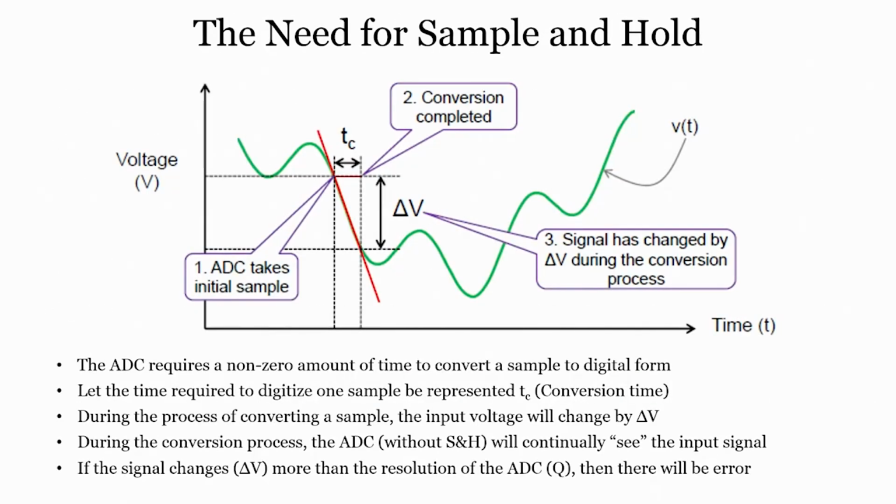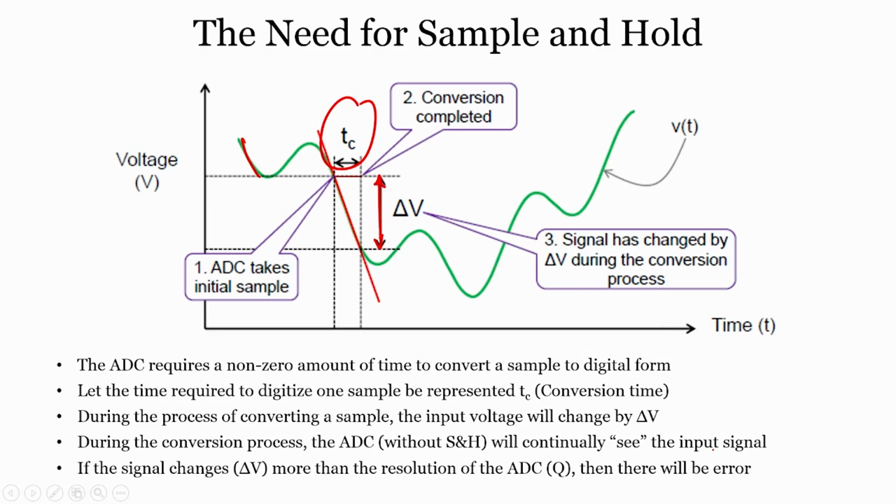The ADC requires a non-zero amount of time to convert a sample to digital form. Let the time required to digitize one sample be represented by Tc, which is right over here, and during the process of converting a sample, the input voltage will change by delta V, which is right here. So, this is the signal, and we are trying to see how we can use the sample and hold. During the conversion process, the ADC without S/H will continuously see the input.